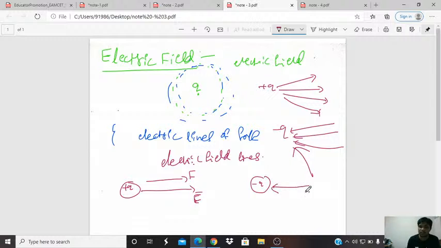Towards. But force is what? Always away. See, positive charge means force is parallel to field. But negative charge means what? Force is anti-parallel to field. Okay, no? Force is here anti-parallel to electric field here.